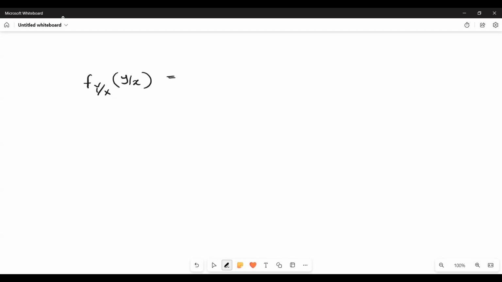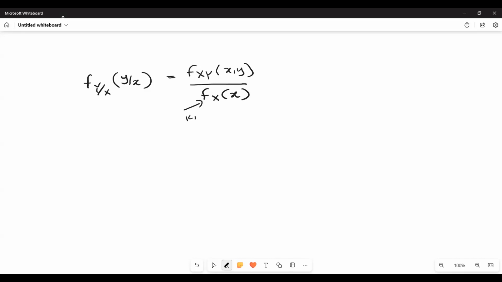This conditional probability of y occurring when you know x has occurred is given using this fraction where you know the joint PDF of both these variables occurring, and then you know the probability density function of one of the variables occurring.